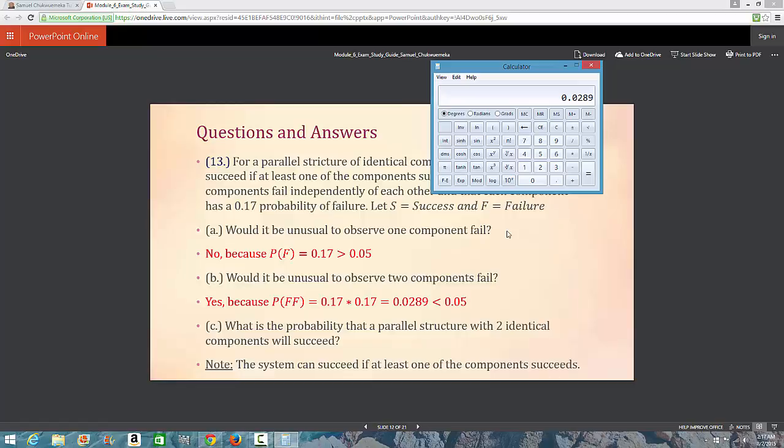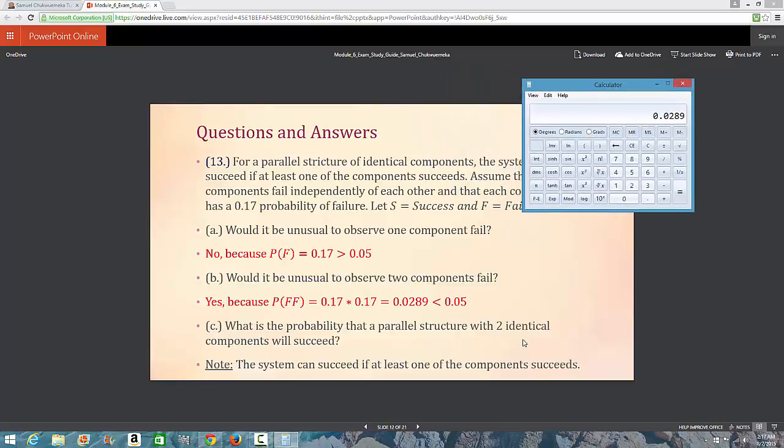C, what is the probability that a parallel structure with two identical components will succeed? So remember, for the identical components to succeed, all we need is for at least one of the components to succeed.